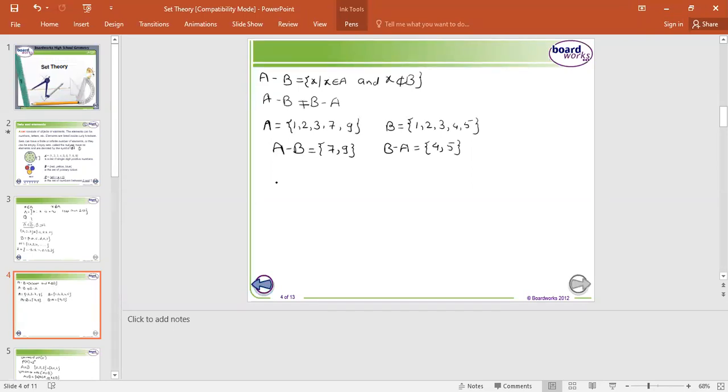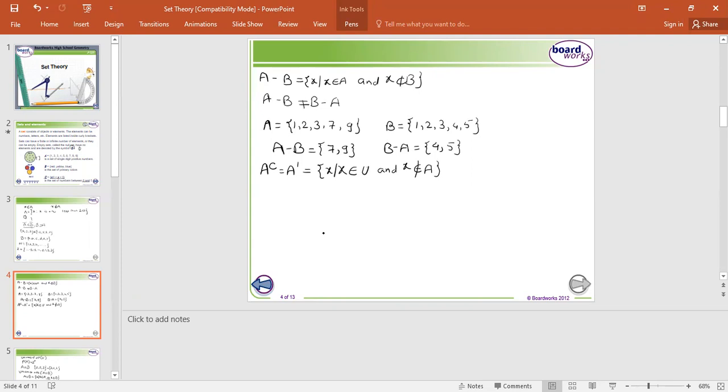It is denoted by A dash. Symbolically, this set is defined as A complement equals A dash, the set of X such that X belongs to the universal set and X does not belong to A. Okay, this is A complement.